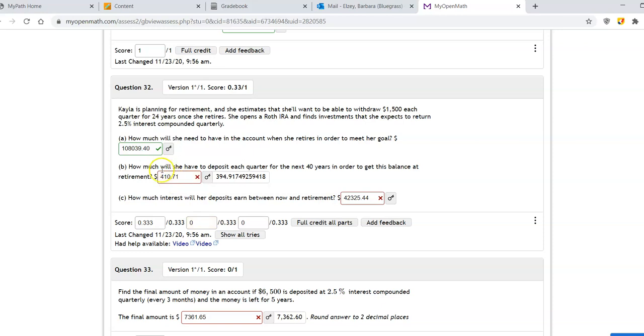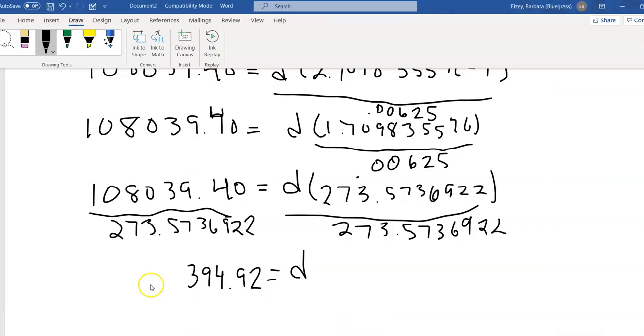All right, so of course your answer to C depends on B, how much interest will her deposits earn between now and retirement. So we need to take the $394.92 and multiply it times 40 years and times quarters, which will be 4 times per year. So let's take 394.92.